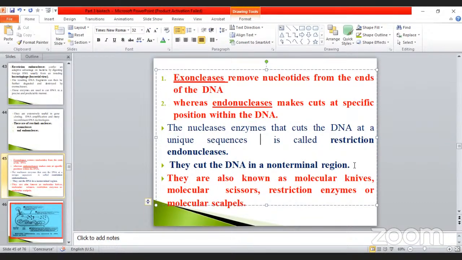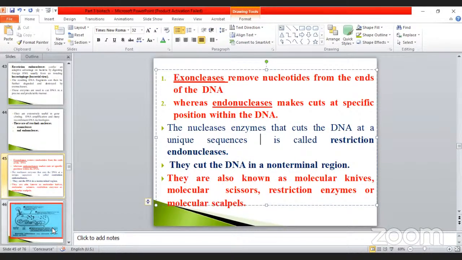Non-terminal means it does not end with the last one. It cuts in the middle of the DNA molecule, in the center, where the polylinker gene is present. The restriction endonucleases act upon that position and make cuts.